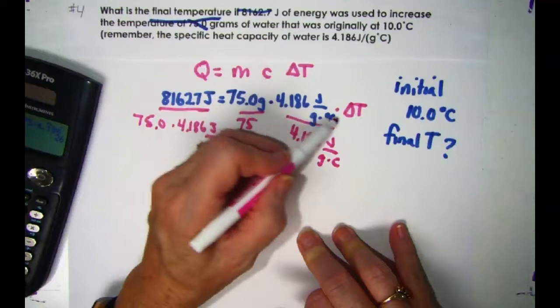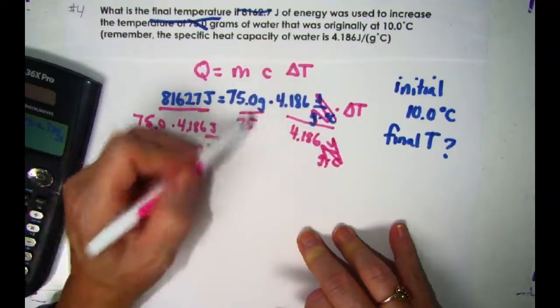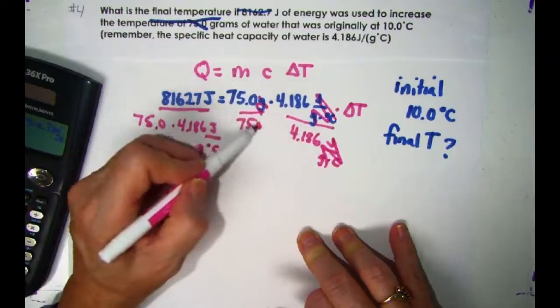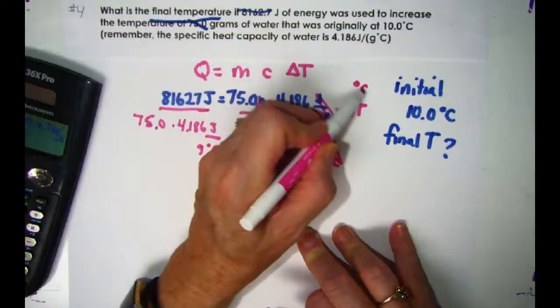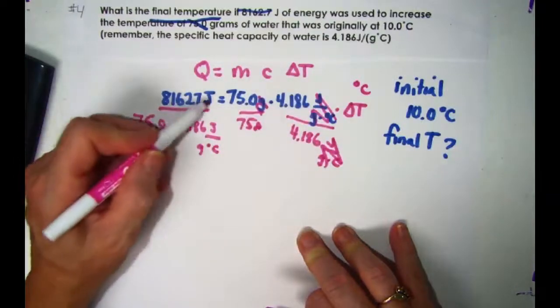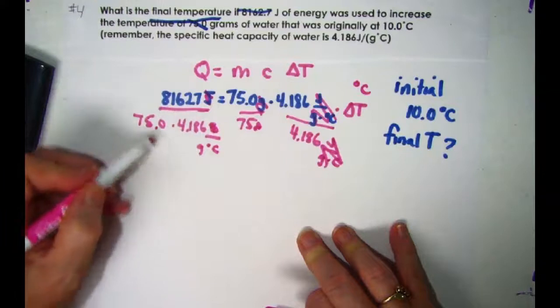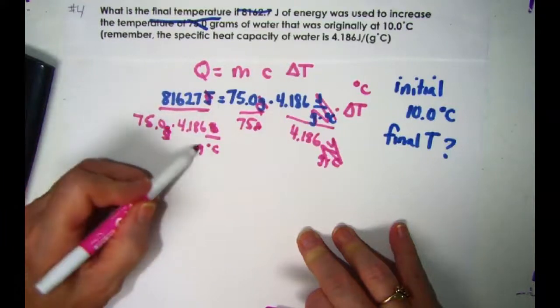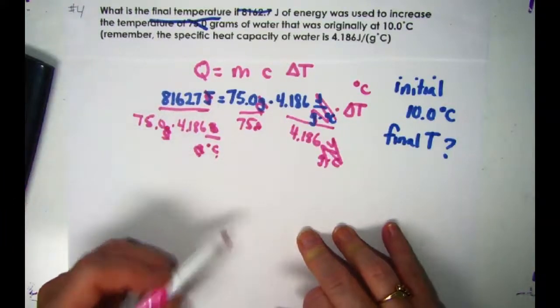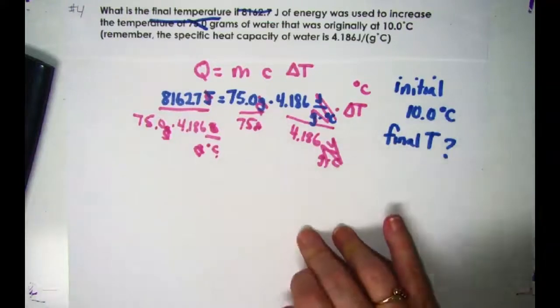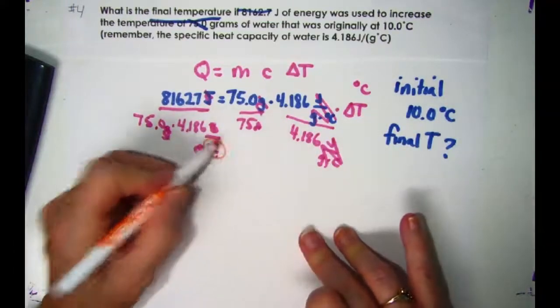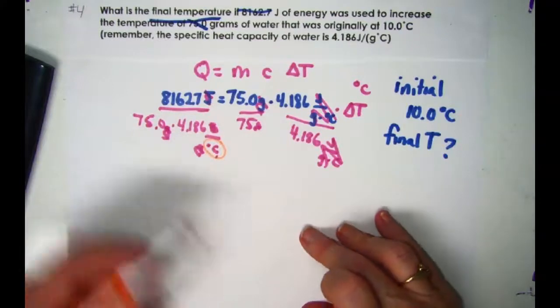All right, look, those cancel. Grams cancels. What we end up with is degrees C. When we look over on this side, joules cancel. Oh, sorry, the grams cancel. And the only thing we end up with is delta T, or degrees C. So we've got our problem set up correctly.